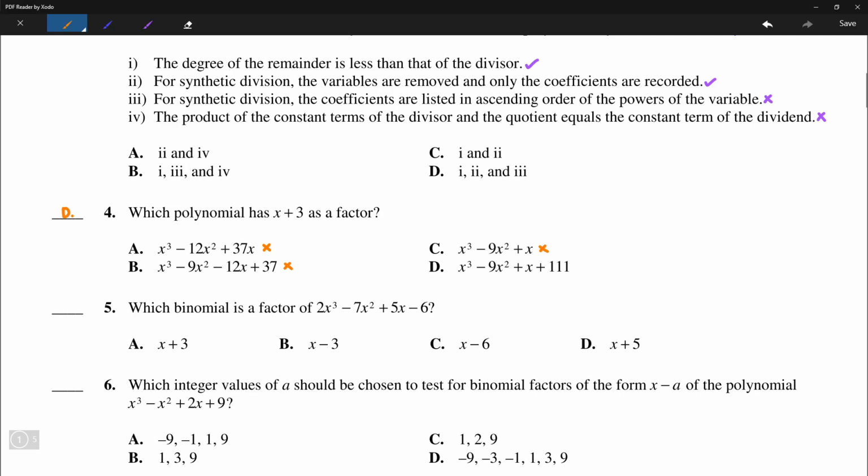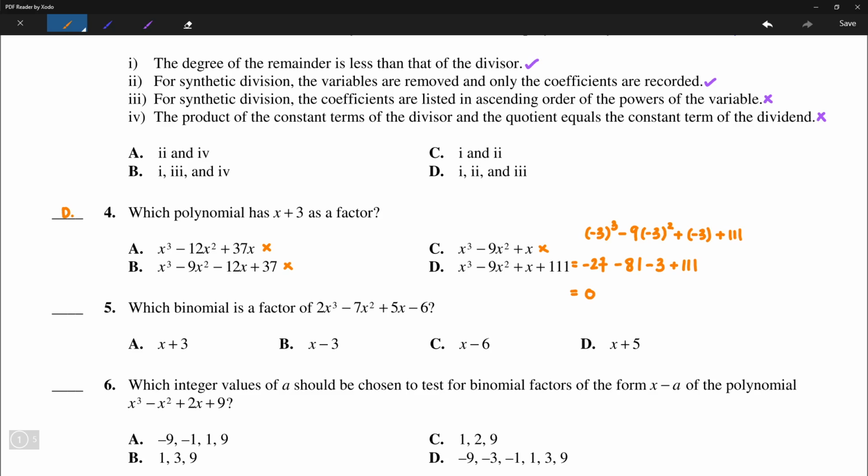We can also check by substituting negative 3 into the expression to make sure that it is indeed a factor. So this is negative 27, minus 81, minus 3, plus 111, and that is equal to 0. So the correct choice is D.